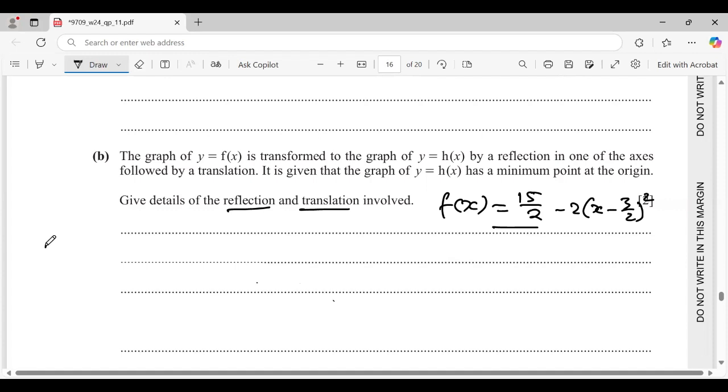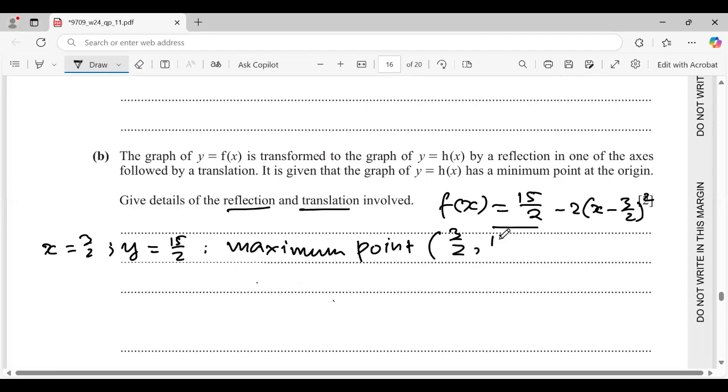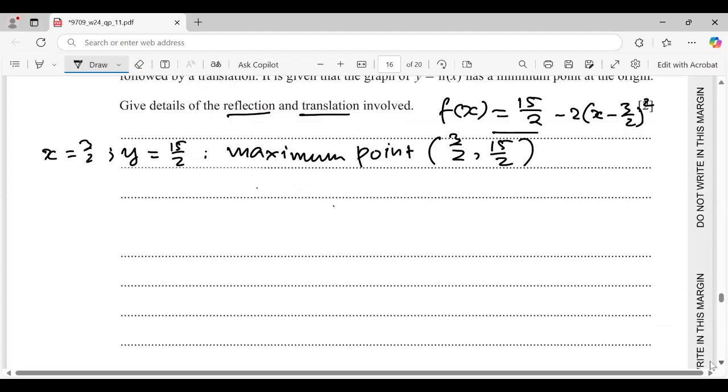And when x equals 3 half, based on part A, we got y equals 15 half. So the maximum point is (3 half, 15 half), x comma y. And I have provided my explanations of this part.